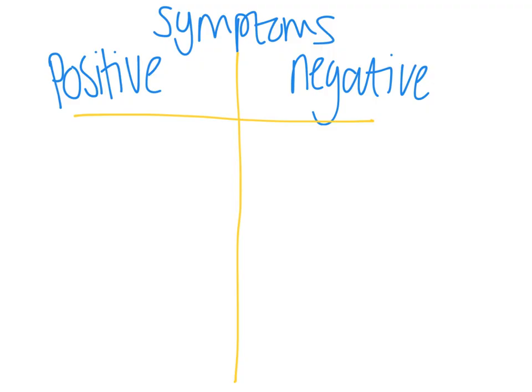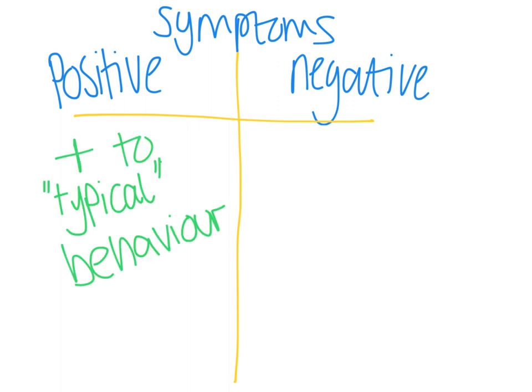So there are two types of symptoms of schizophrenia, and those are positive and negative. Positive symptoms of schizophrenia are where things are added to typical behaviour. And then for negative symptoms, this is when things are taken away from your typical behaviour.